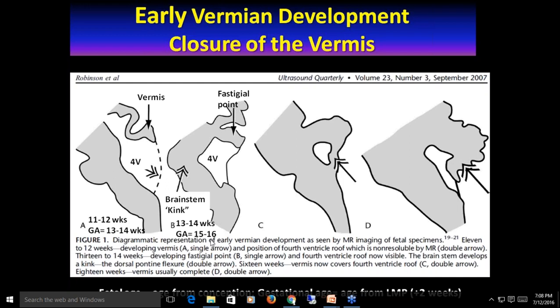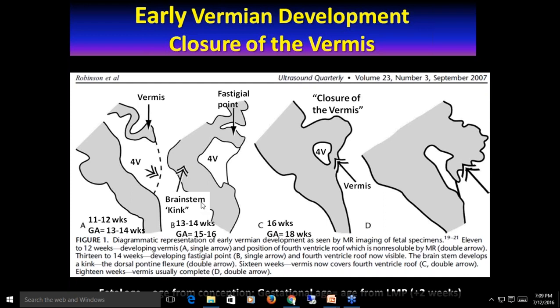As the gestational age progresses, we can see the fourth ventricle and its roof a lot clearer, and the development of the fastigial point. At this time in the pregnancy, the brainstem has acquired a kink, the dorsal pontine flexion.